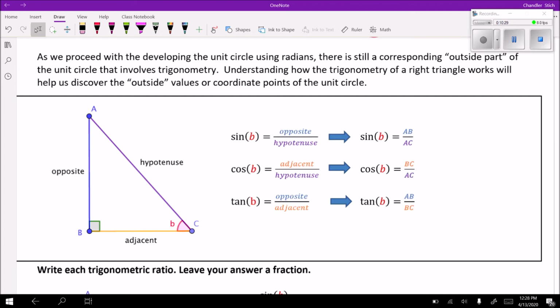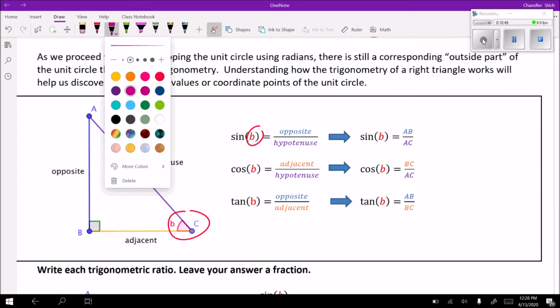Sine is opposite over hypotenuse. Cosine is adjacent over hypotenuse. Tangent is opposite over adjacent. Everything is color coordinated here. And everything is off of this reference angle, B. Okay? Everything is off of that reference angle. We have opposite, which is in blue here.